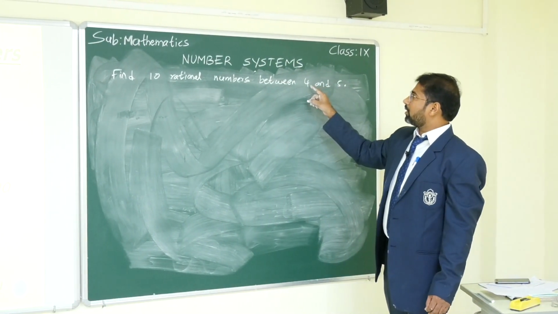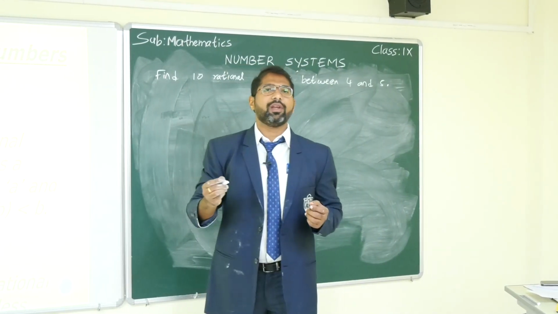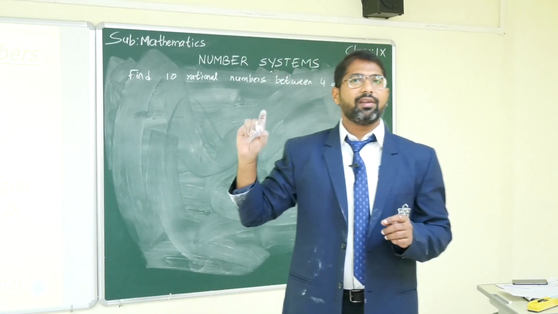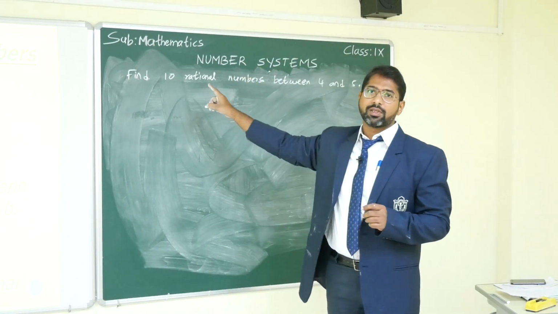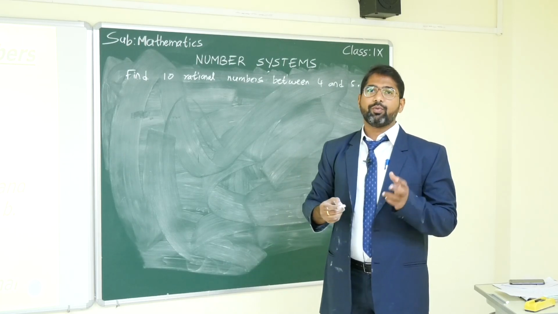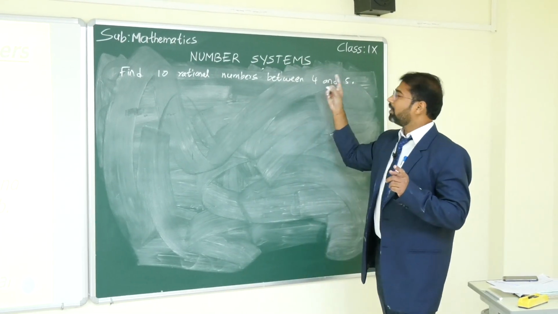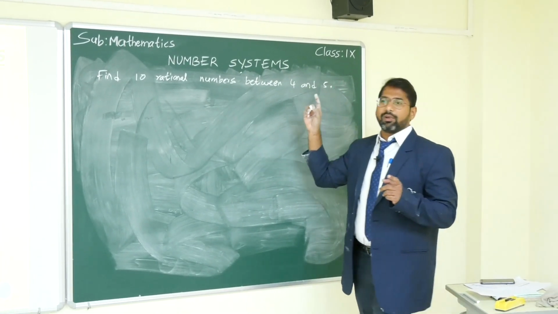Here the given rational numbers are 4 and 5. I can write 4 as 4 by 1 and 5 as 5 by 1. Here I have to insert 10 rational numbers. If I use method 1, it will take a long time. So I am going to show you method 2, where I convert the given rational numbers into decimal form.